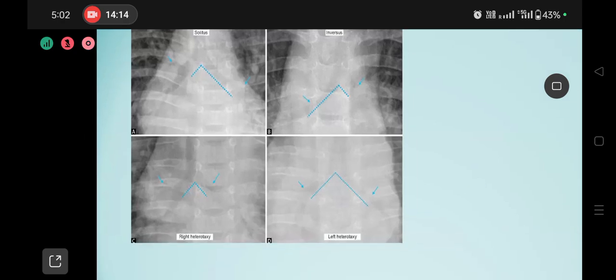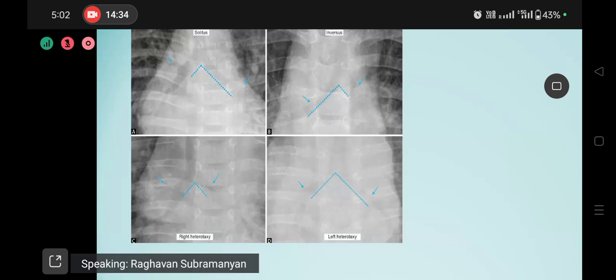Now, normally the right lung has an early upper lobe branch coming off. So therefore, the length of the right main bronchus is short, and the length of the left main bronchus is longer. The right bronchus is shorter, more in line with the trachea, and it gives off an early branch to the right upper lobe.